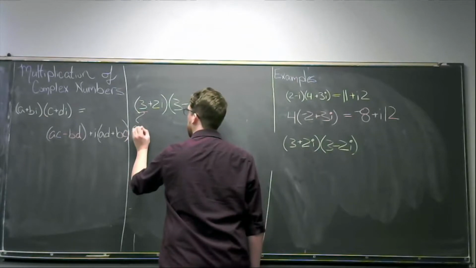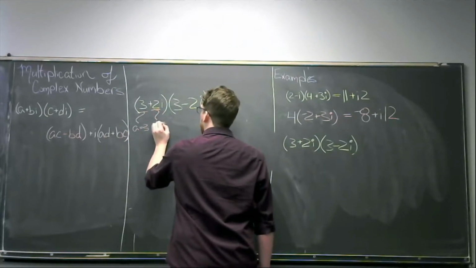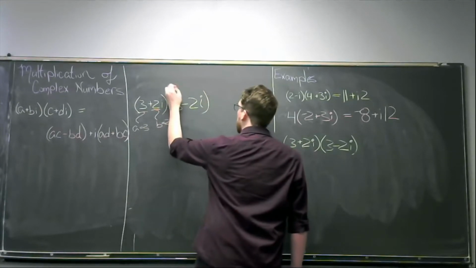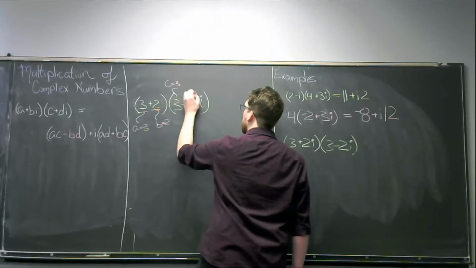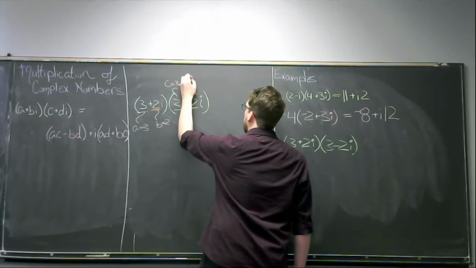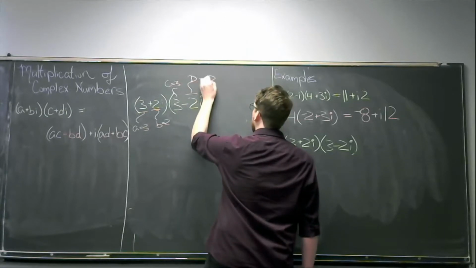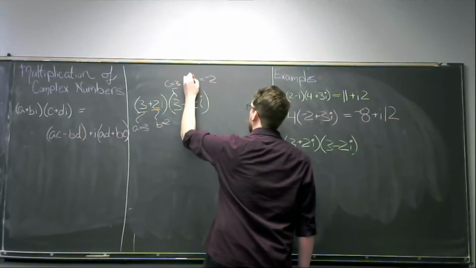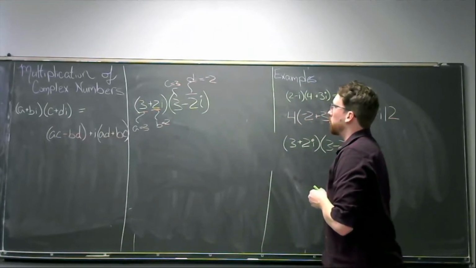So A is equal to 3, B is equal to 2, C is equal to 3, D is equal to -2. Okay.